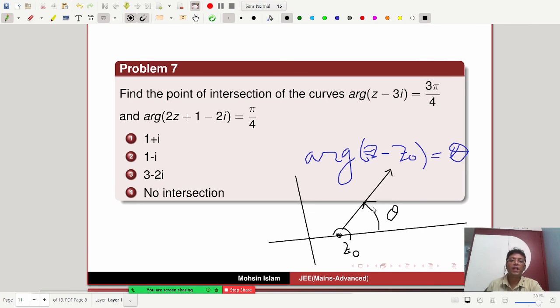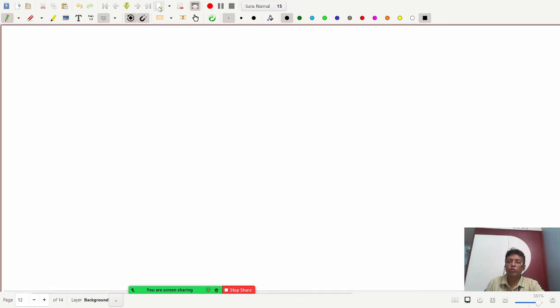So arg(z - z naught) = theta represents a ray starting at z naught, but not including z naught, and making an angle theta with the positive real axis. So arg(z - 3i) = 3 pi by 4 represents a ray starting at 3i and making an angle 3 pi by 4. Let me draw that.